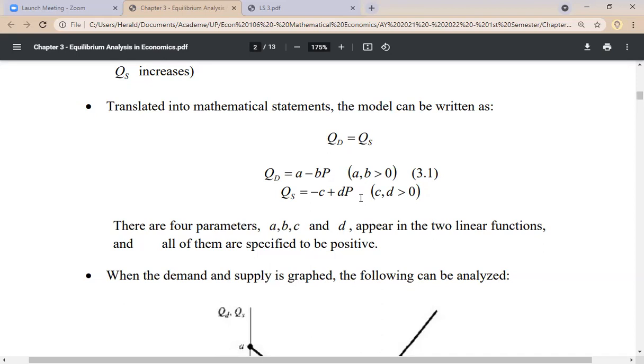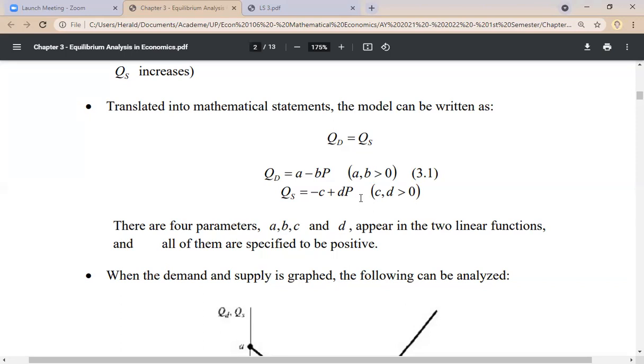So when we have A in the demand function, that would be the intercept. That would mean to say that that would be the quantity that consumers would want to buy if the price of the product were equal to 0. We also have negative b there. That would be the slope of the demand curve, the coefficient on the price.